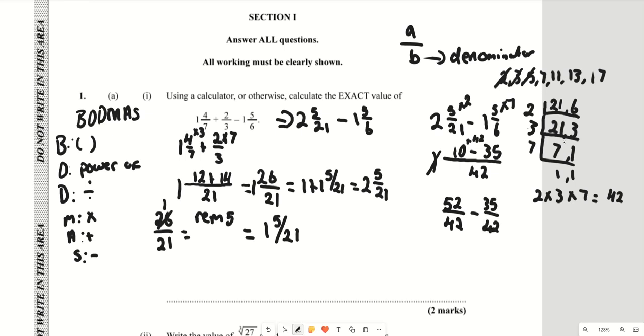And then after you do that, what is 52 minus 35, guys? Can anyone tell me? Very good. So my answer is going to be 17 over 42, and that would be your answer.